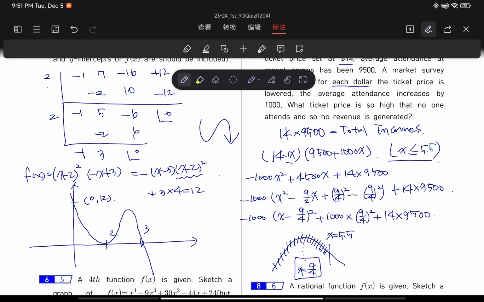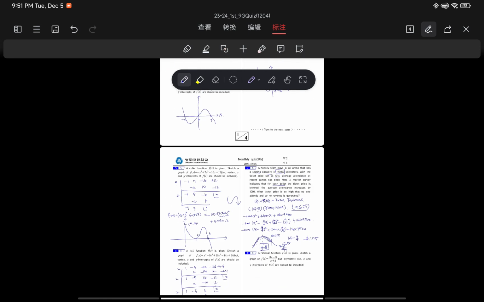So 14 minus 9 divided by 4 equals 11.75. So the answer is $11.75. Okay, thank you.